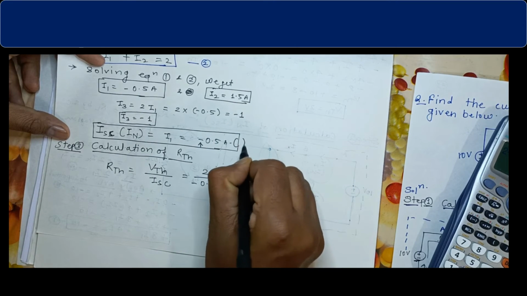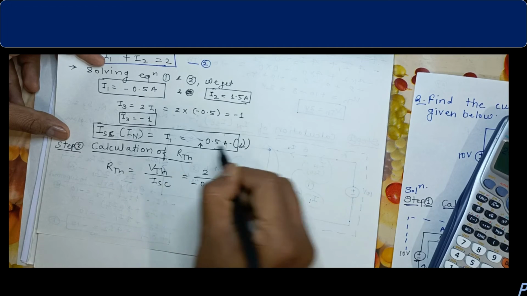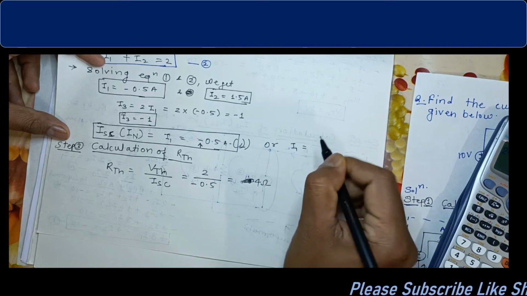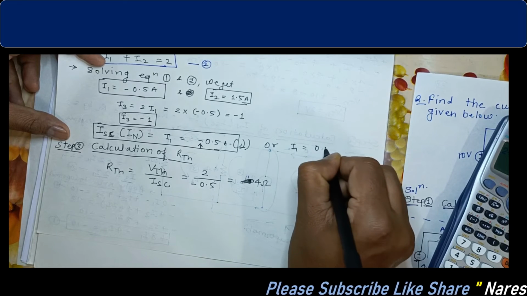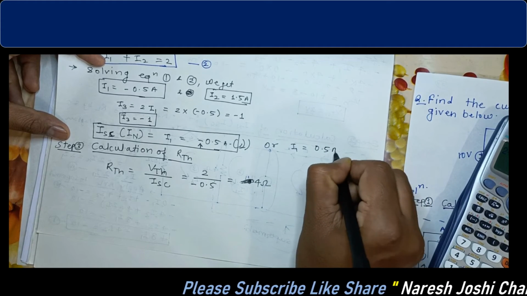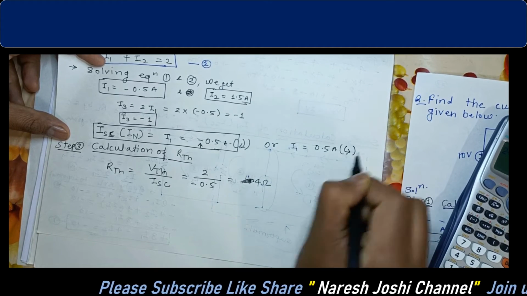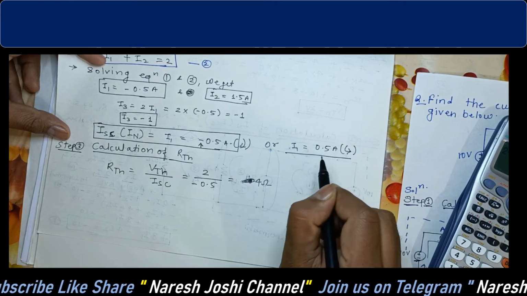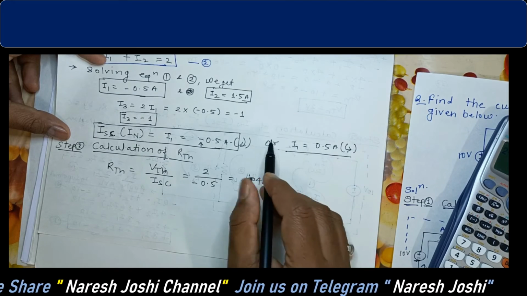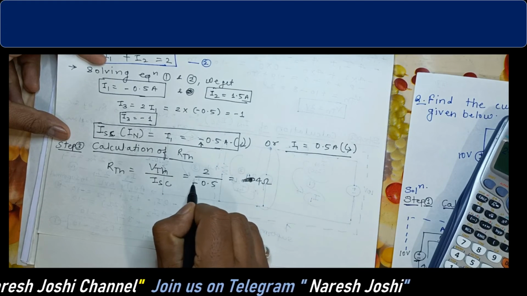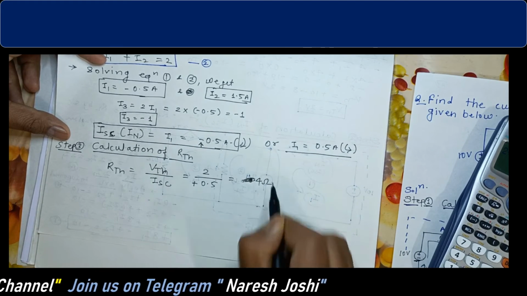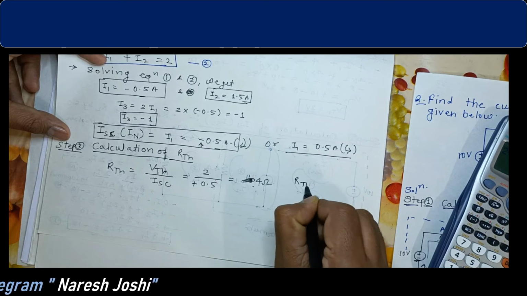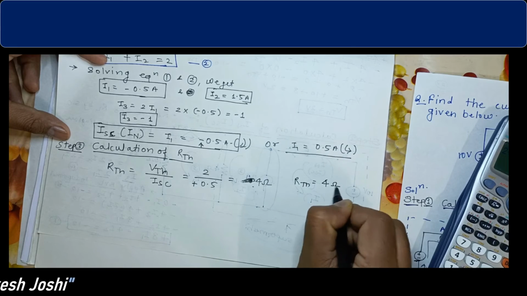We assumed the clockwise direction, but we got a minus sign, so we can write this current I1 as 0.5 ampere, in the opposite direction. Clear? You have to take this precaution, this is important. So we do not consider the minus sign, we consider only the positive, because resistance is never negative. So we write RTH equals 4 ohm.